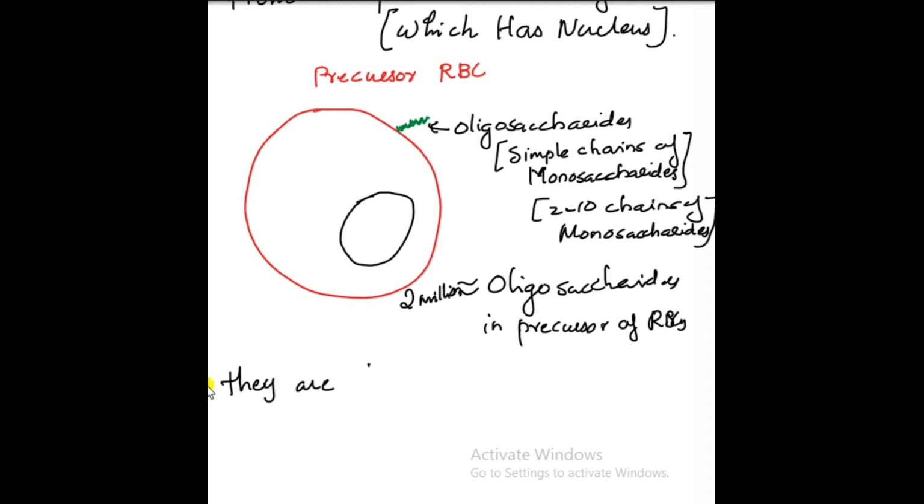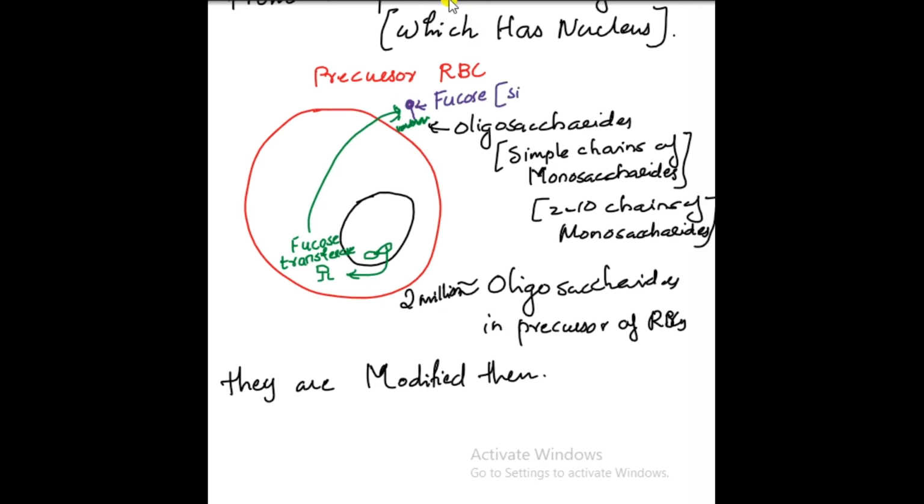Okay. I already said that in the precursor RBC we have a nucleus. In the nucleus, from chromosome 19, they produce a specific enzyme known as fucose transferase. They transfer the fucose, which is a simple sugar, to the oligosaccharide. Okay, understand?